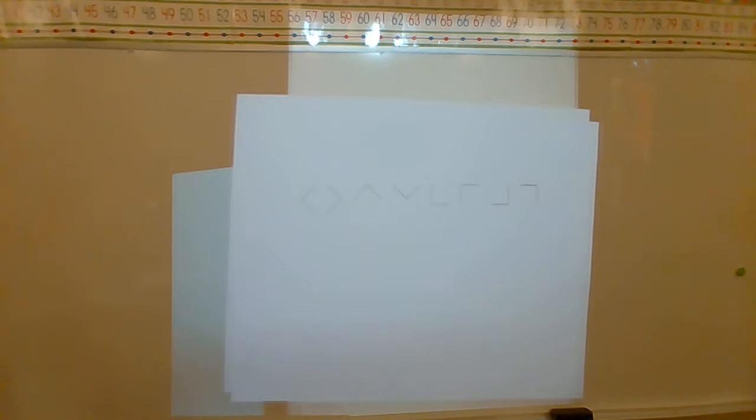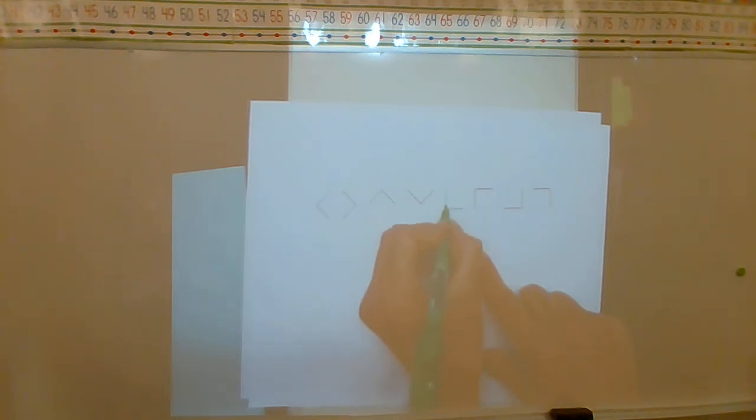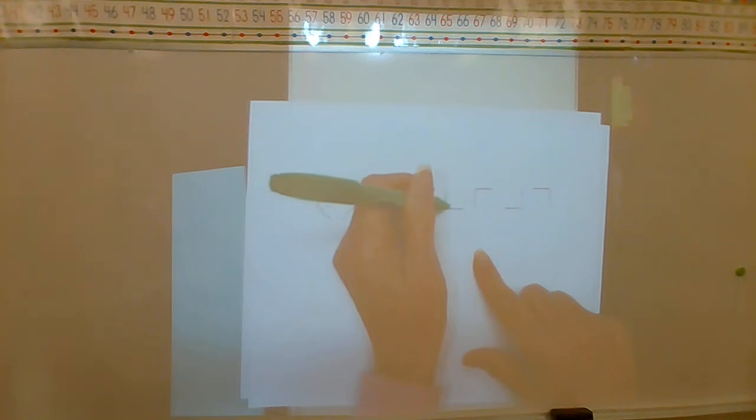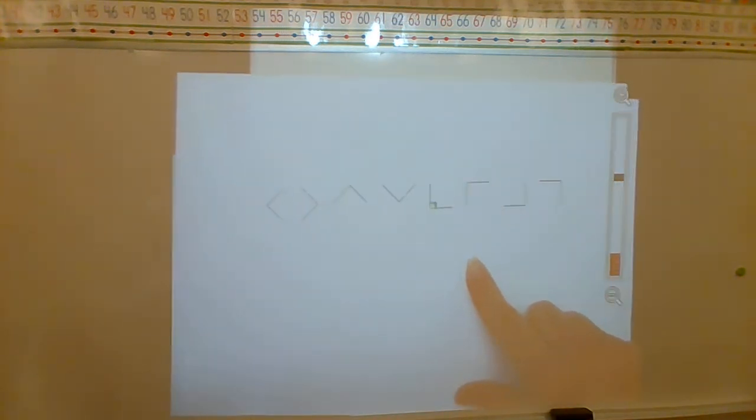Now, one way that mathematicians show that an angle is a right angle is to use a special symbol. They draw a small square in the corner of a right angle, like this. That's a right angle. I'll draw a small square. Oh, the pen is not my friend. See that? Let me zoom in just a little bit. There we go.